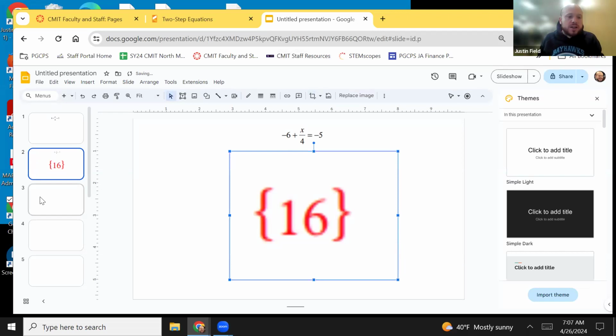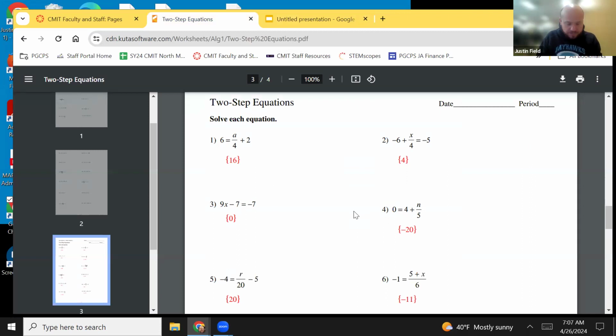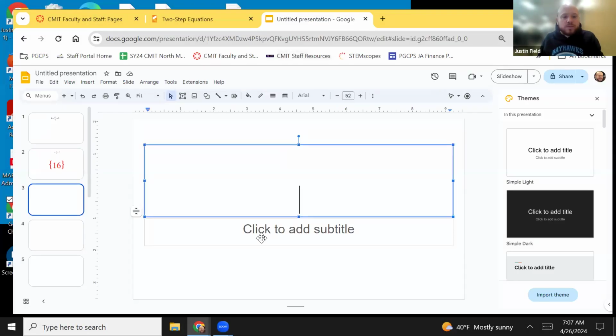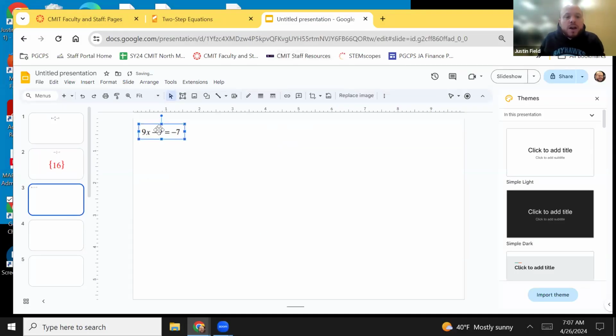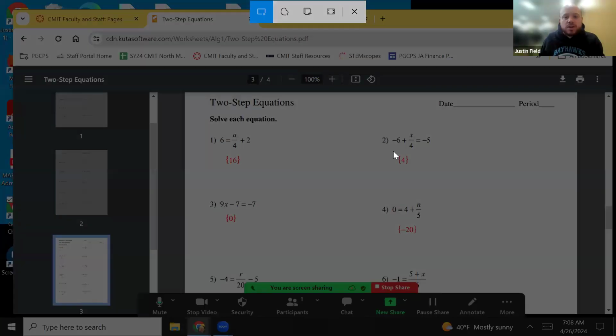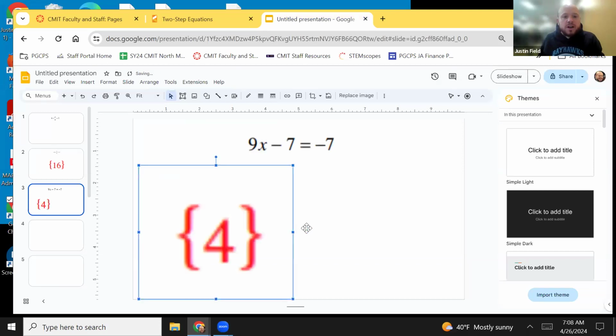Then on the third slide, I'll put question number three, just big enough so you can see it when you're at the card. And then on the third slide, I'm going to put the answer to question number two, and make that really large.